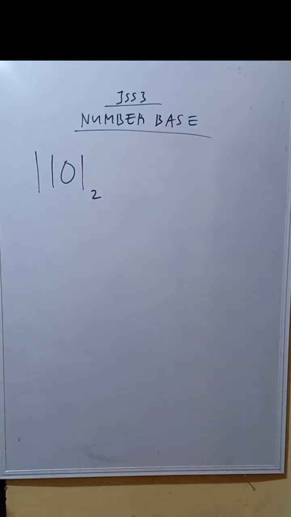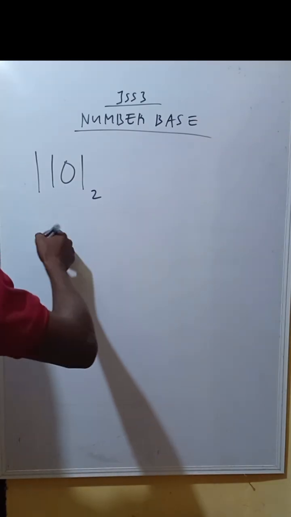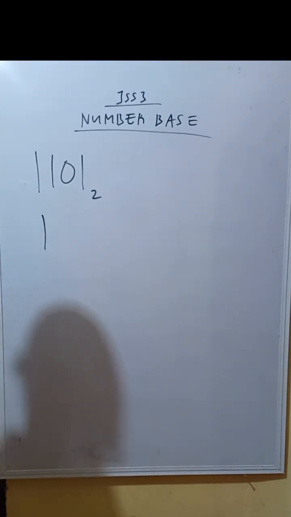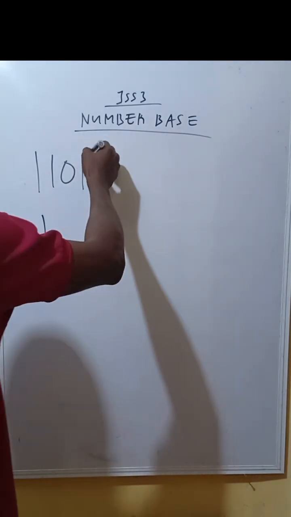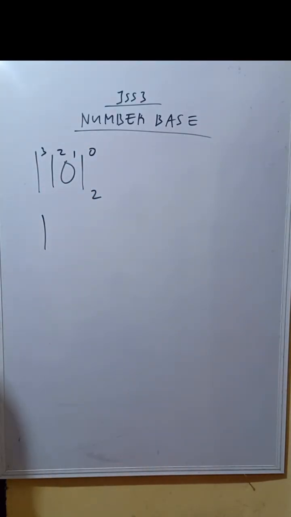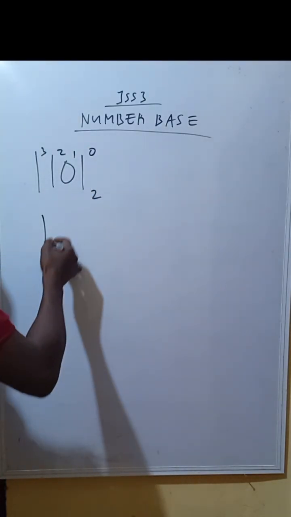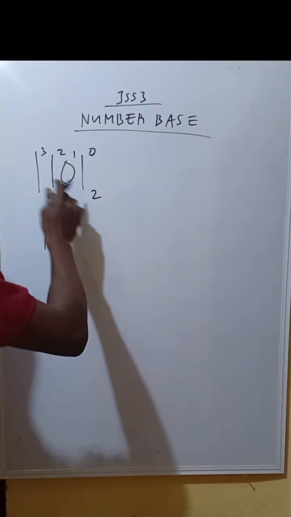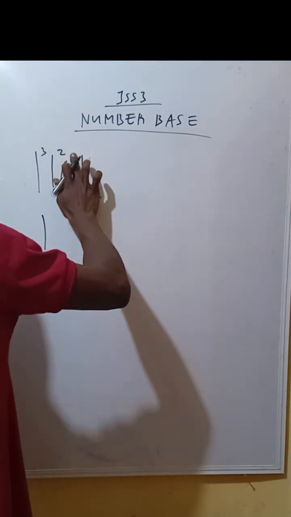So how do we express this number in base 2? How do we expand it? To expand this number, this is how we do it. To expand it in this base, you say this is 0, 1, 2, 3. How did I get 0, 1, 2, 3?